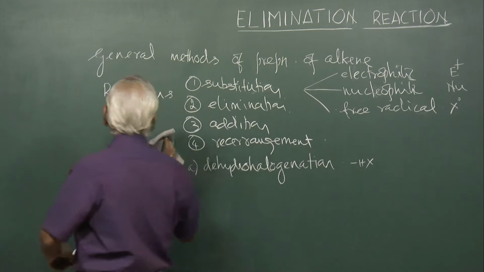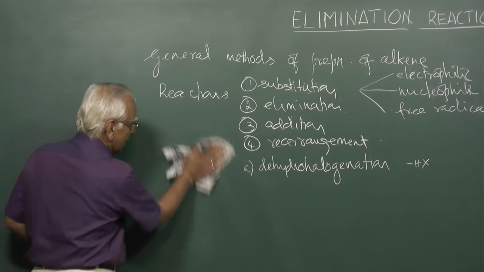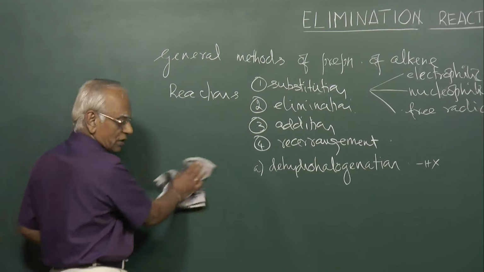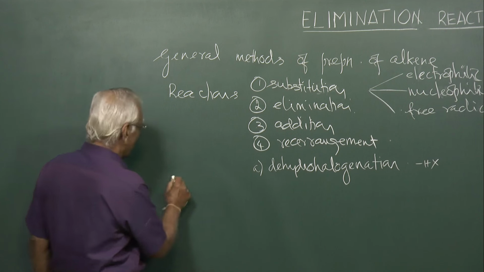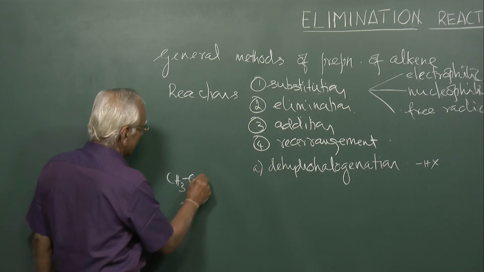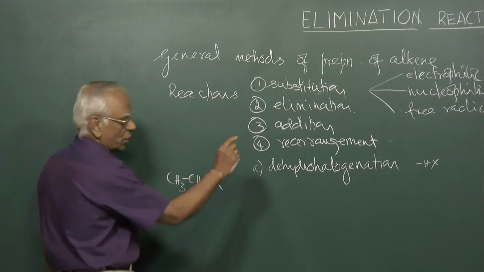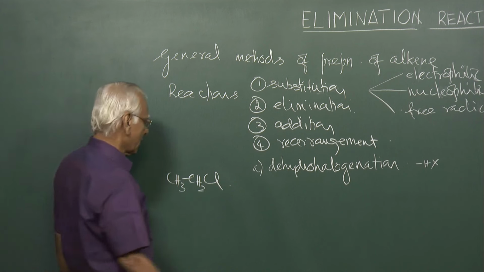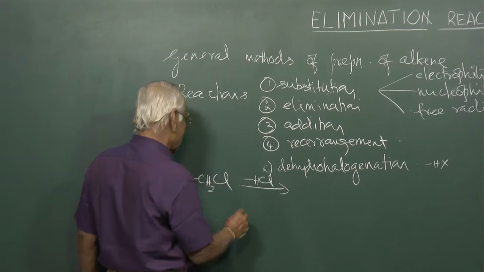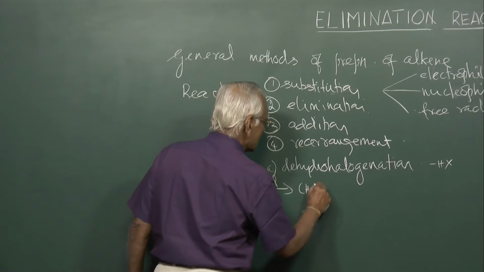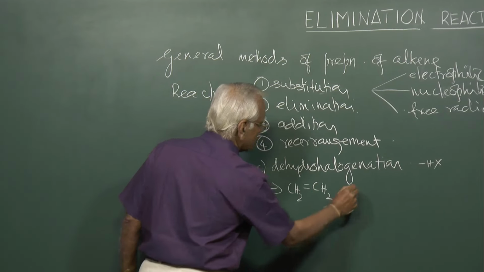Now, let's see how an alkene can be prepared by this process. The simplest one that I can take is CH3CH2Cl, chloroethane, ethyl chloride. And what should I do? I should remove a molecule of HCl to form CH2=CH2.